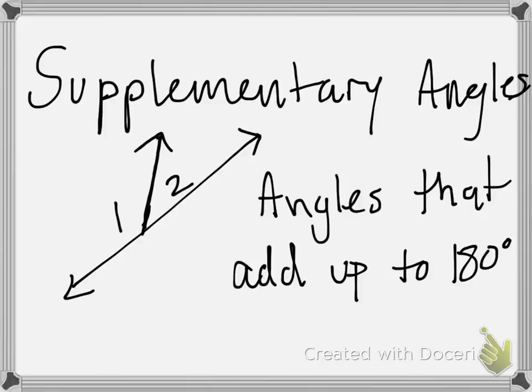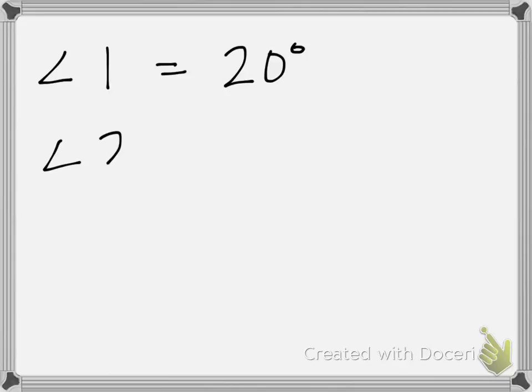Alright, now just because we're talking about complementary angles and supplementary angles doesn't necessarily mean that all angles have to be that. For example, let's say angle 1 equals 20 degrees, and angle 2 is 61 degrees.